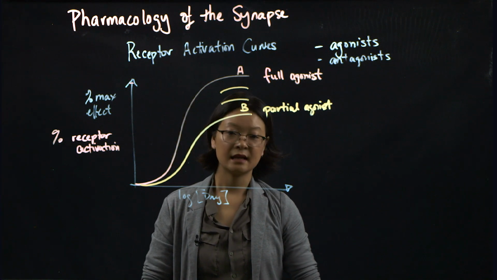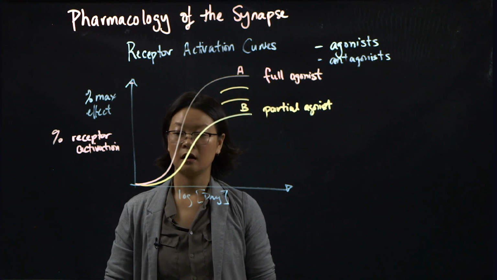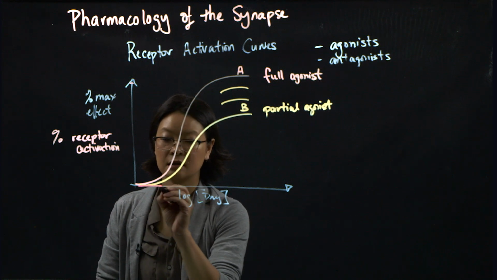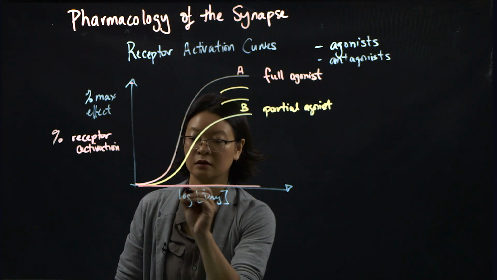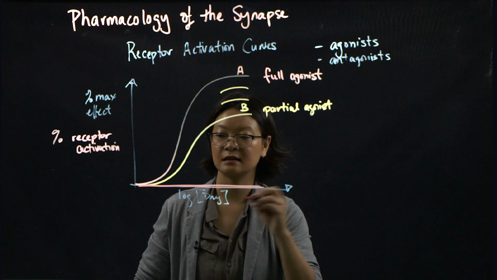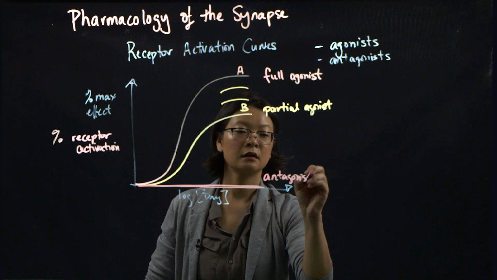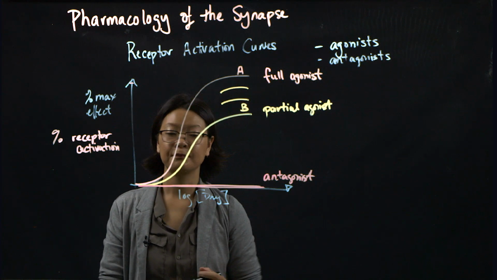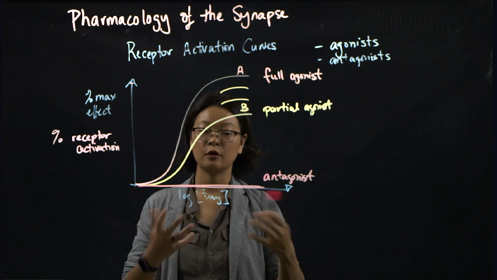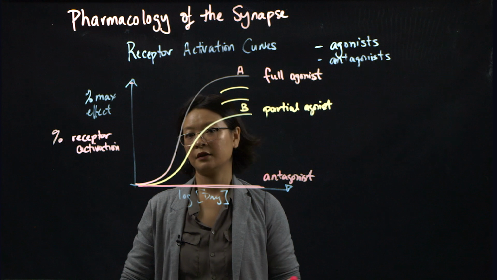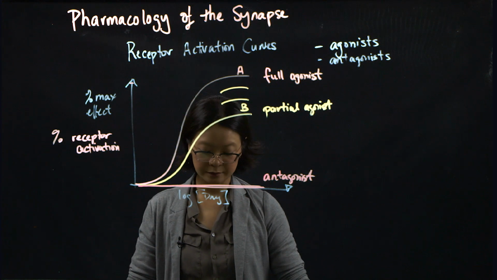So what does an antagonist look like? Well, you won't actually see the effect of an antagonist because it doesn't actually do anything to the receptor. So if you apply an antagonist to a receptor, there actually is no effect that happens.